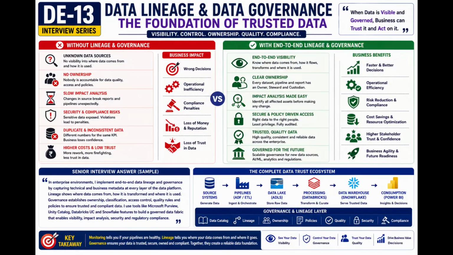Let's take one final example. Suppose the business says our customer revenue dashboard suddenly changed by 8%. What happened? With a mature enterprise platform, we don't start manually searching SQL code. We can follow the lineage.